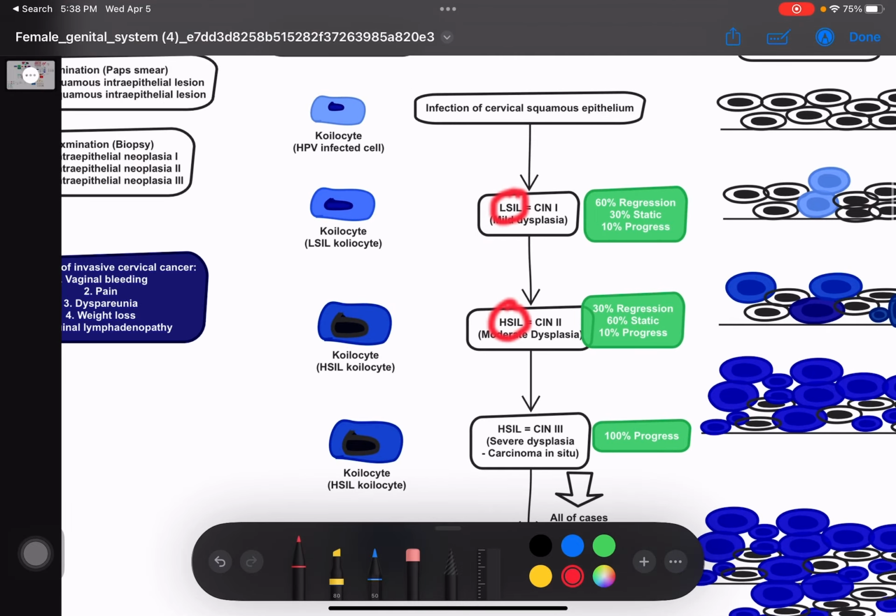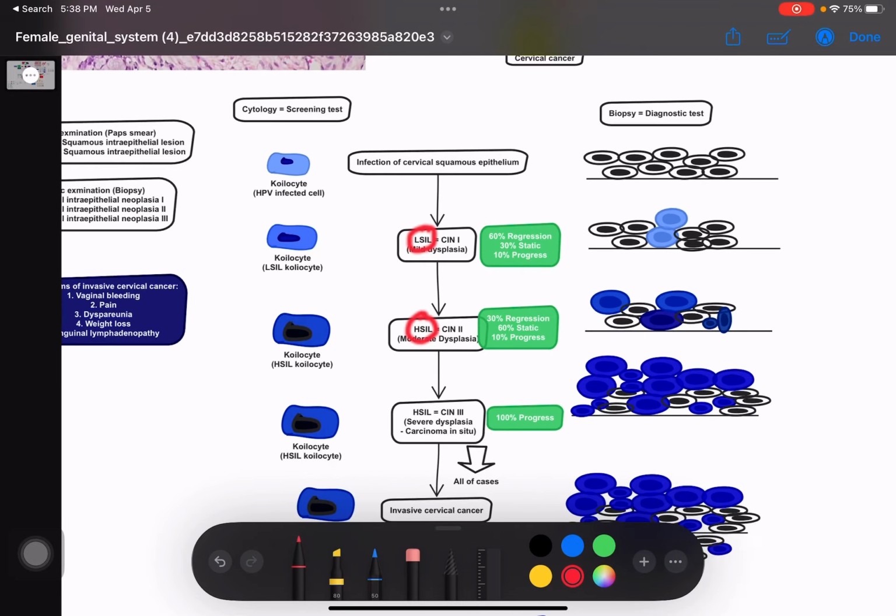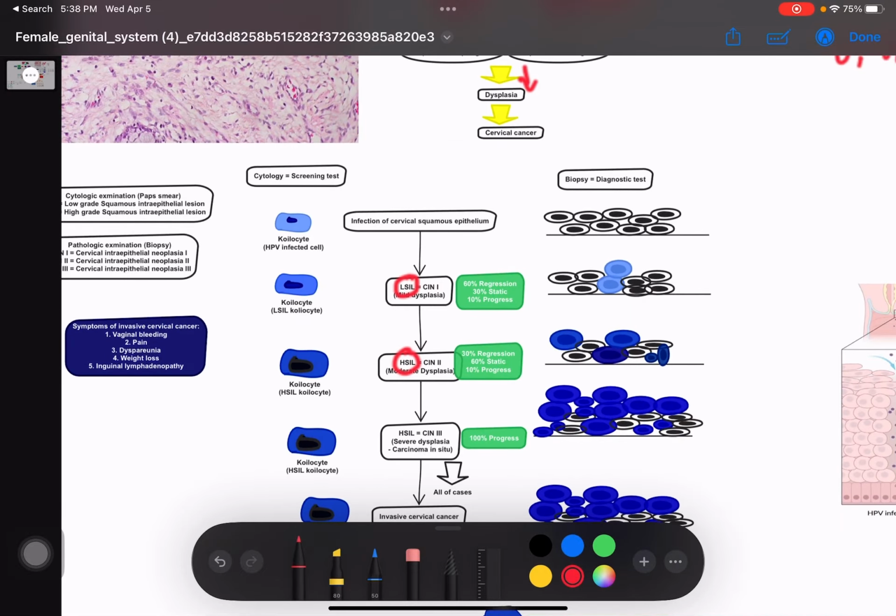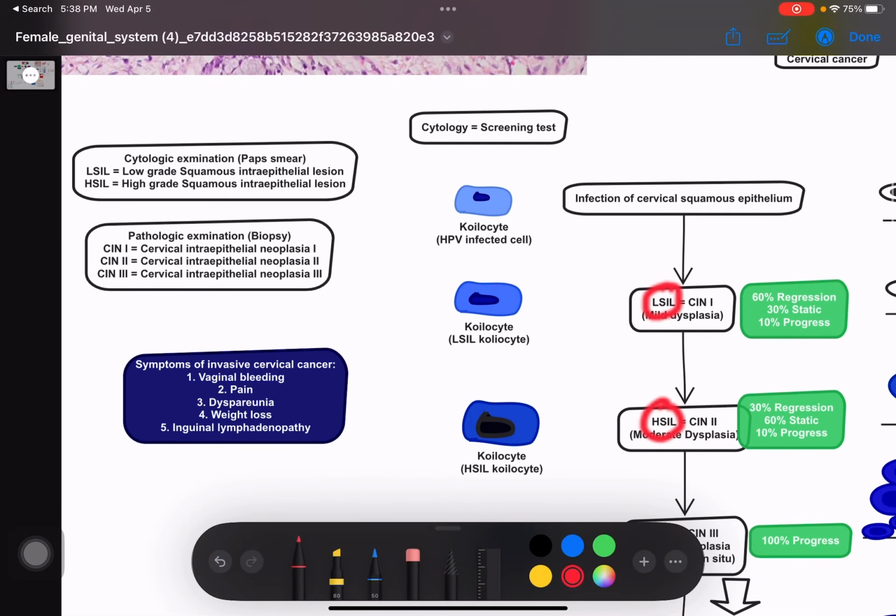We can differentiate them while looking at the pap smear. HPV-infected cells usually express koilocytosis, which is this kind of nuclei in this cell.